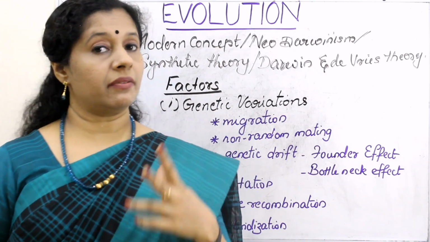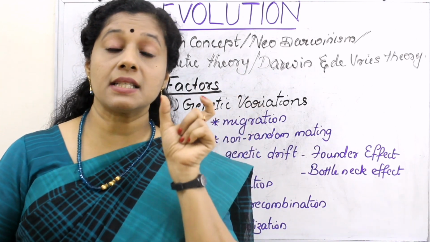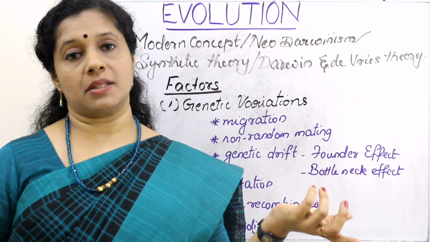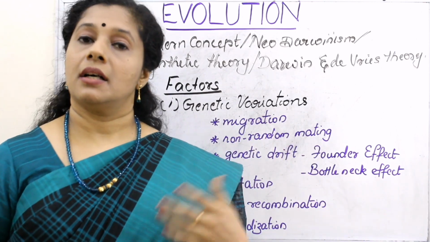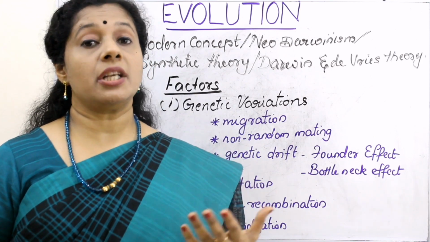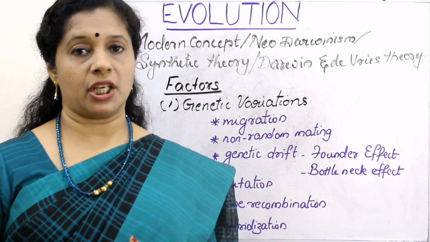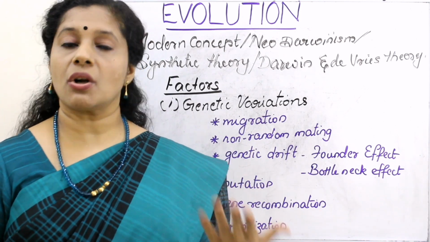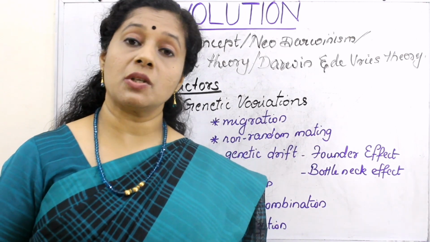Mutation can be of two types. It can be gene mutation. Suppose the base pairs of a gene are changing. For example, ATGC is a base sequence, and if it becomes AGTC, a small change, that can be a mutation. So that is called a gene mutation. Base pairs are changing. There it can be a point mutation, where only a single change happens, or addition, deletion, substitution, all that can happen. Another type of mutation is called a chromosomal aberration.